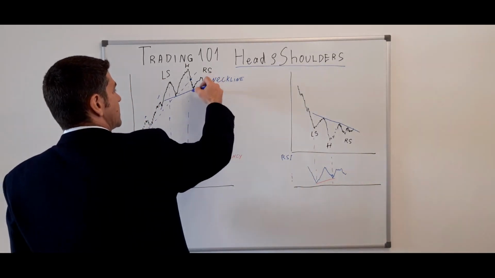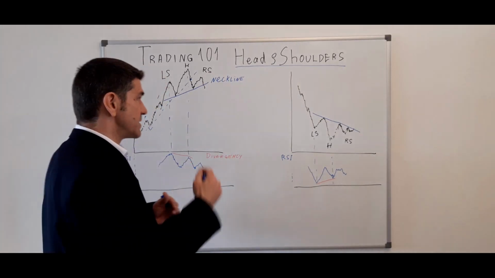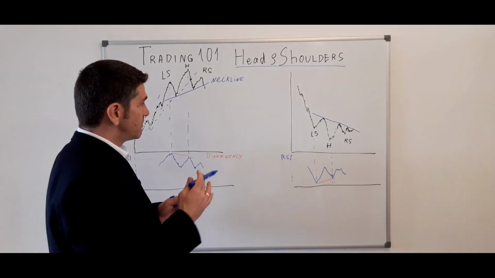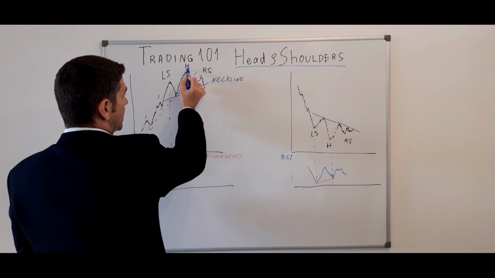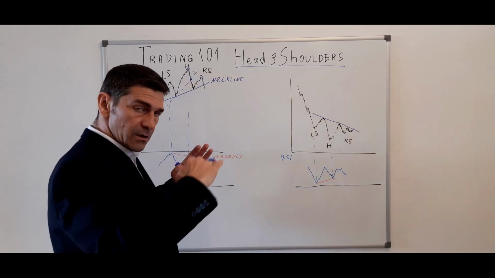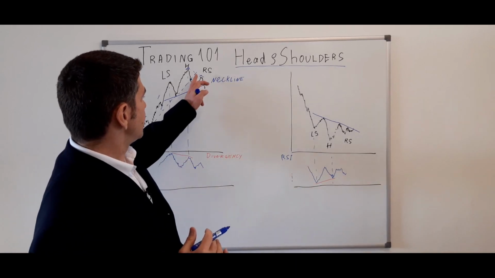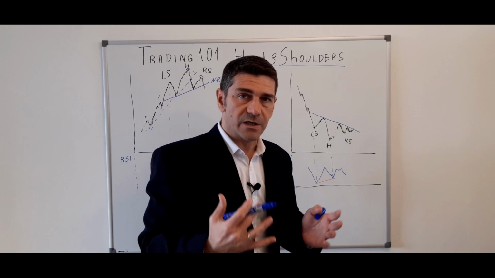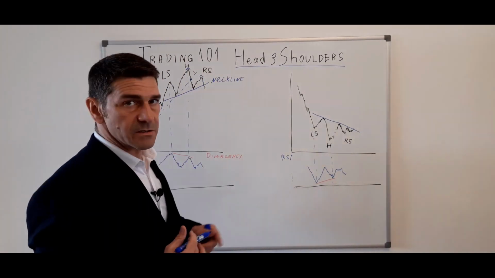What do I mean? The buyers are trying again to push up the prices to get back into the old uptrend, but they do not succeed. And what we've got here is a lower high. So from this moment, we may consider that we've got a sell signal. Even in this case, it's a better sell signal.